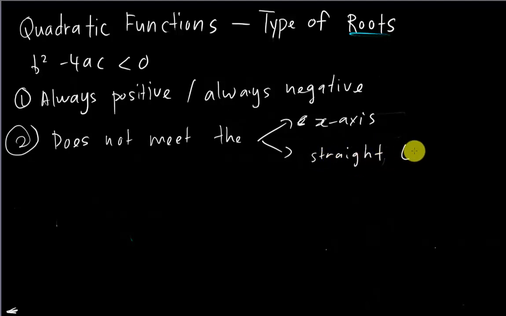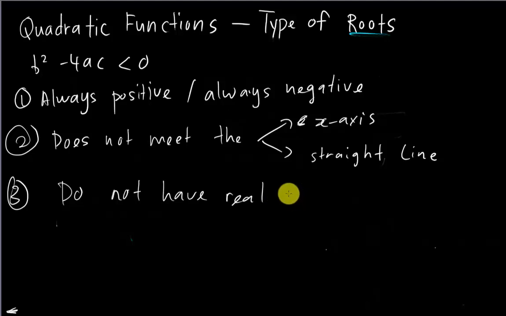Both also mean b squared minus 4ac is less than 0. Or the last one, they can say the equation does not have real roots. Do not have real roots also has the same meaning as no real root.